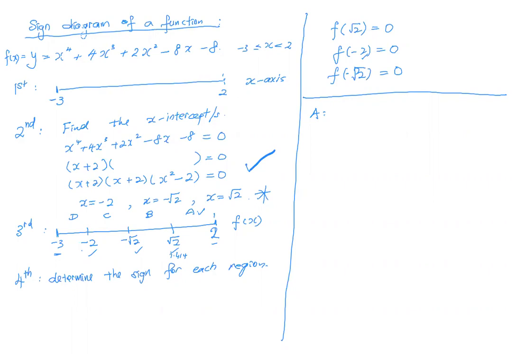If I have a number line like that, 1.414 is here. Here is my 2. So what is the number in between I can choose? 1.5. Okay, 1.5. So I choose x equal to 1.5. So I want to know when x equals 1.5, what is my f(x)?